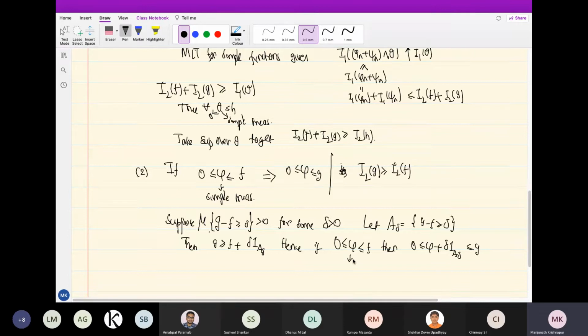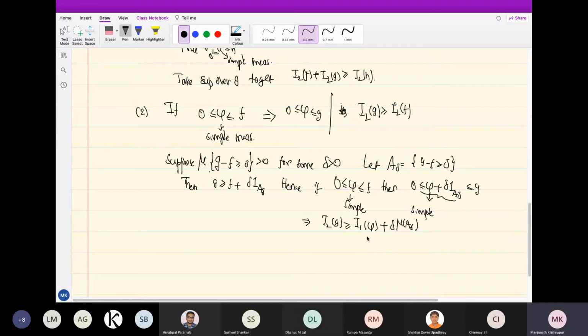This is simple, everything is measurable. This is also going to be simple because I'm adding a linear multiple of an indicator function. So this implies that I2 of g is greater than or equal to I1 of phi plus delta times mu of A delta.